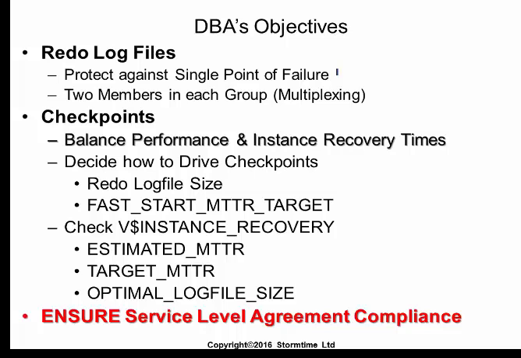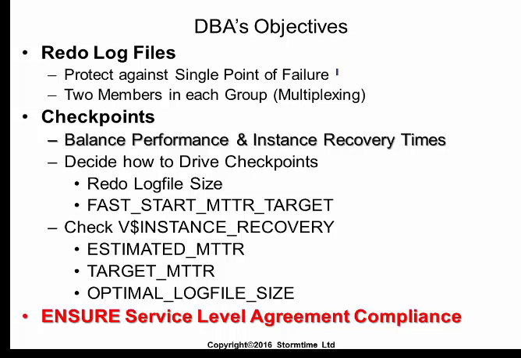If we've only got one member in each group, and we lose the current or an active redo log file, let's just talk about the current one from now, if we physically lose that file, it gets corrupted, we've lost the only marker on disk to say that particular transaction was committed. So it can't roll it forward anymore. So if we only have one member in each group and one gets damaged that's currently being used, we're into a restore and a roll forward. We're into a point in time recovery.